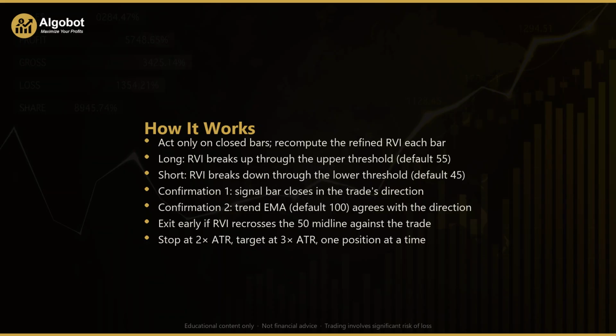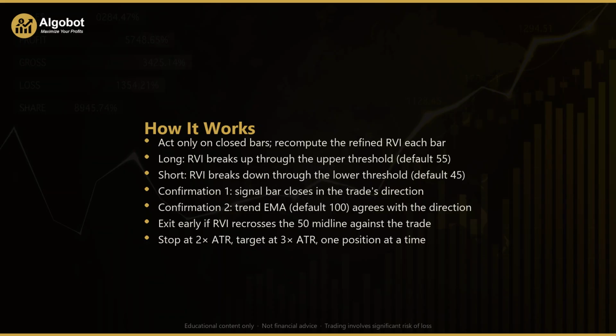Now for exits. Every position carries two protective levels based on the average true range, a common measure of volatility. The stop is placed at 2 times the ATR away from entry by default, and the target is placed at 3 times the ATR. That fixes the reward-to-risk relationship and lets it scale automatically to any symbol or time frame.